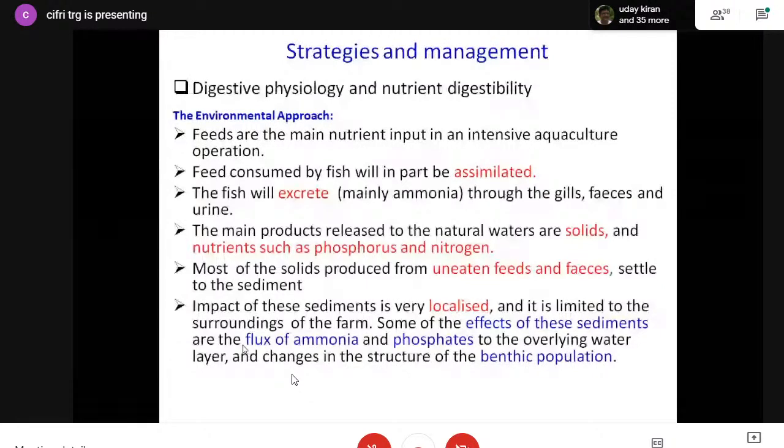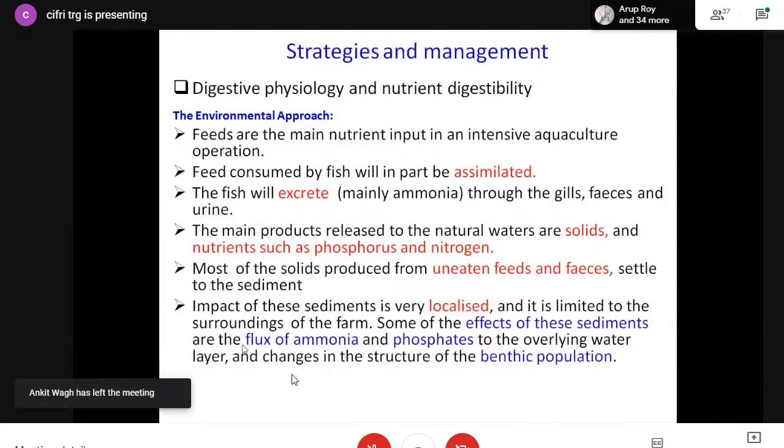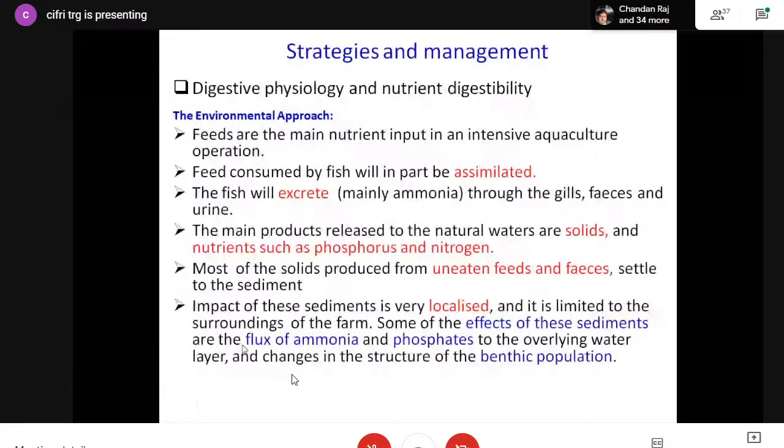As we have understood, feeds are the basic input in the intensive farming system. What happens when the food gets inside the digestive system? After digestion, some part is assimilated, and that meets the physiological need, and the second part the organism excretes out. Fish do it through gills and through urine; they remove their excretory products.